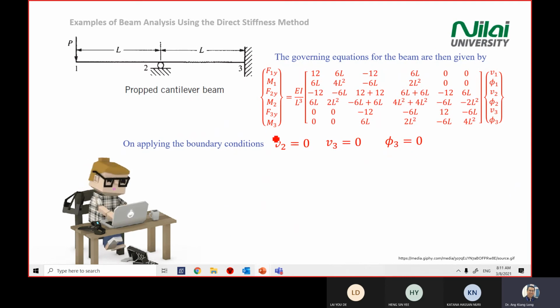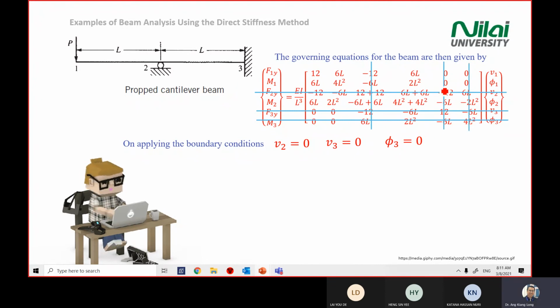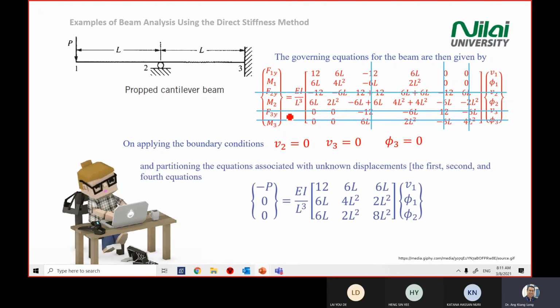You put these into the equation, and you can close the relevant rows and columns in the matrix. For V2, you close the V2 row and column, and likewise all the later rows and columns. Then the rest, you copy one more time to a new space in your answer.